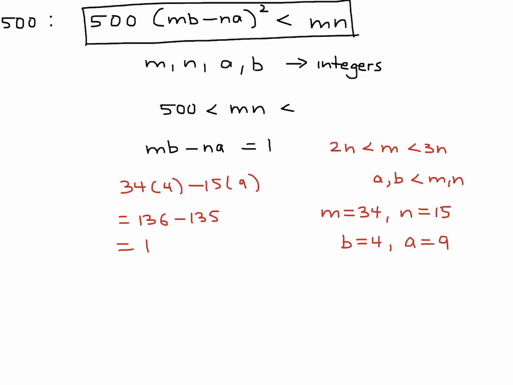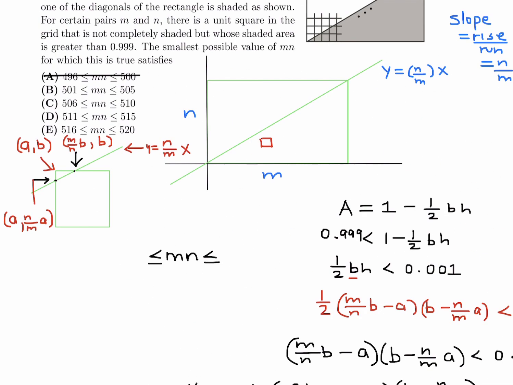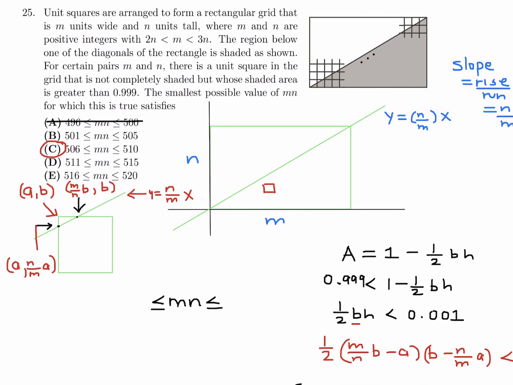So now we are interested in m times n. Well, m and n are 34 and 15, and 34 times 15 is equal to 510. So 510 is the upper boundary of this. And of the answer choices, the only one that matches that is right here, and that is choice C for number 25.